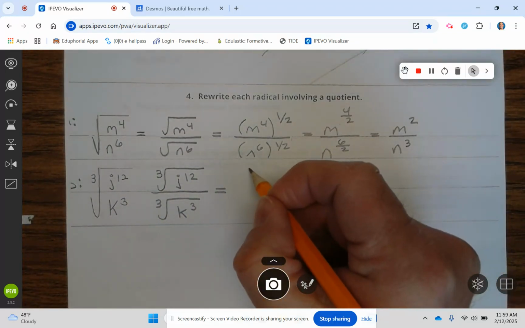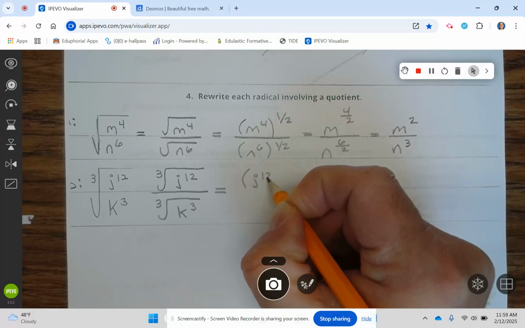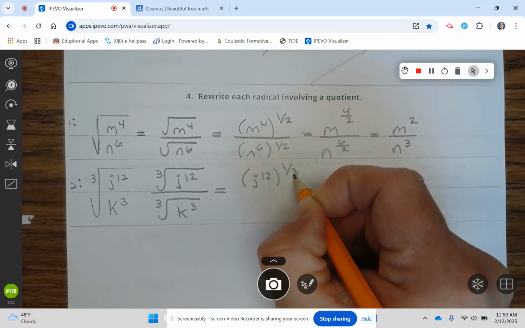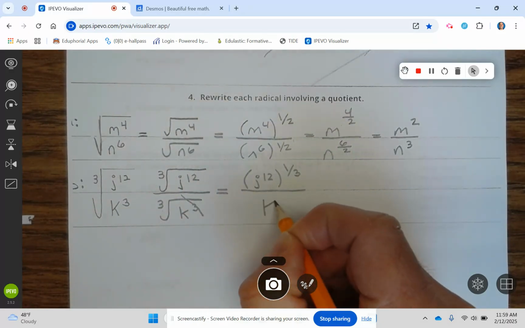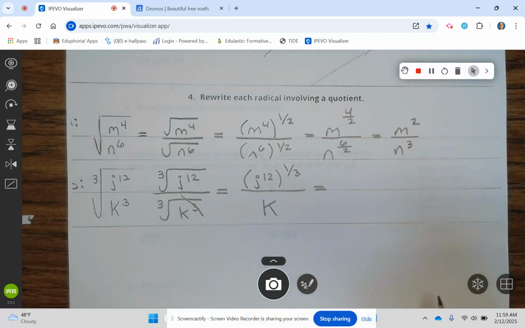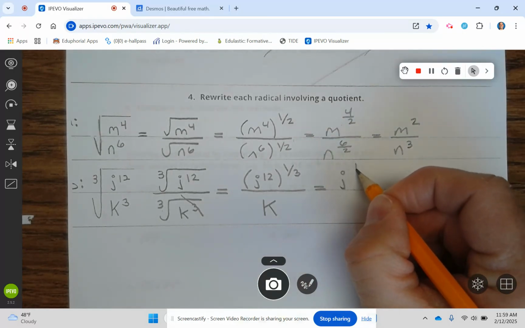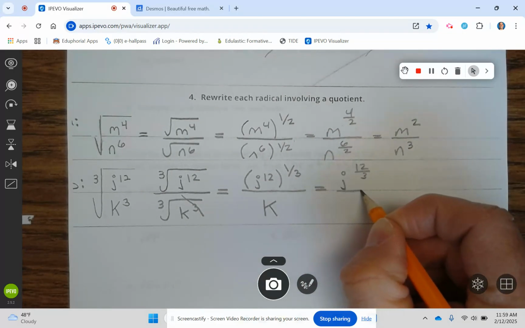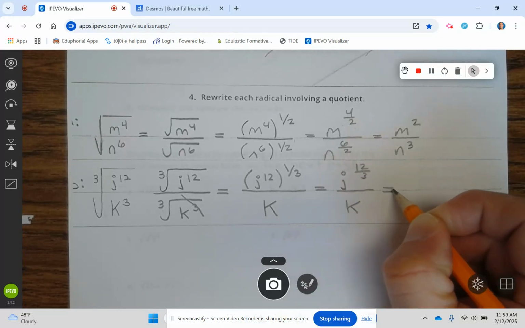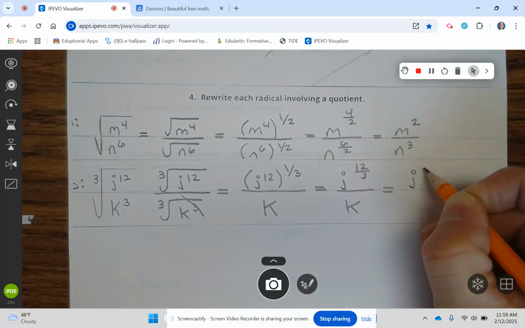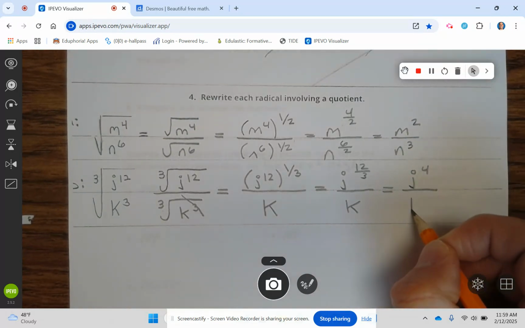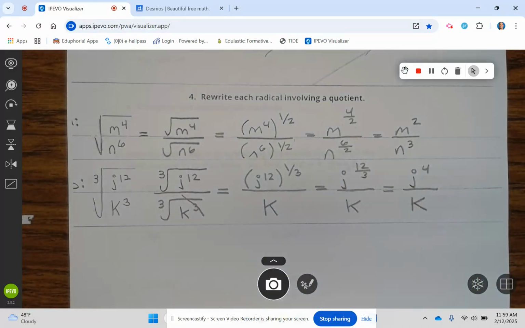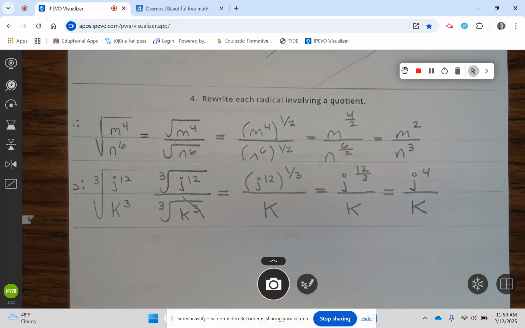And then this becomes j to the 12th to the 1/3 power divided by the cube root cancels the cube, so that's divided by k, equals j to the 12th divided by 3 divided by k, equals j to the 4th divided by k. All right, go ahead and finish those up. All right, let's take a look at the next page.